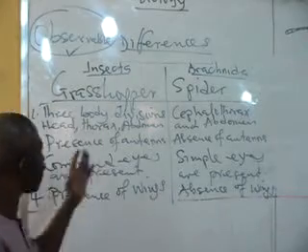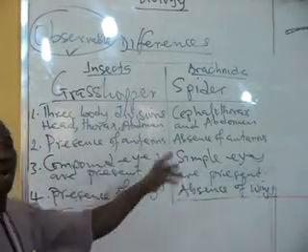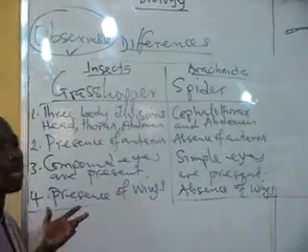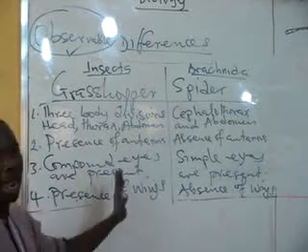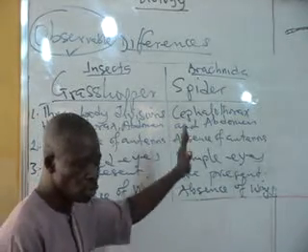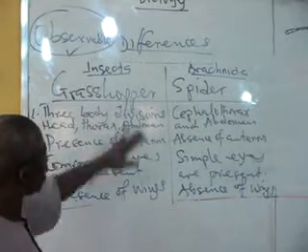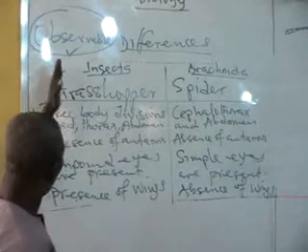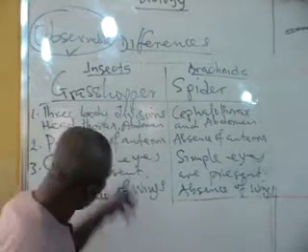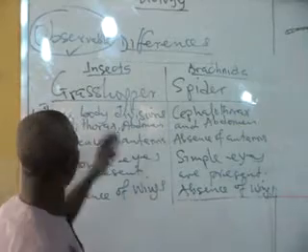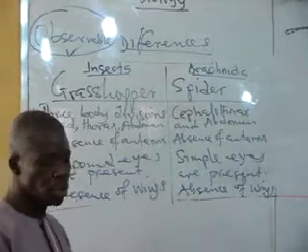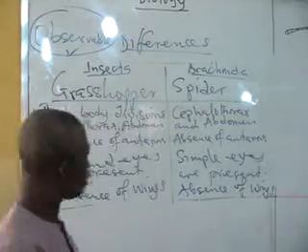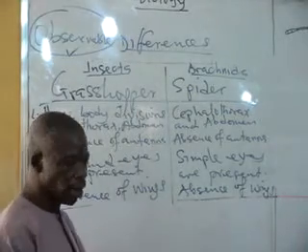So if you say both have eyes, both have walking legs, it is acceptable, because we are talking about things that are common to both. So I would like you to find out more differences, and as much as possible more similarities, between these two organisms.